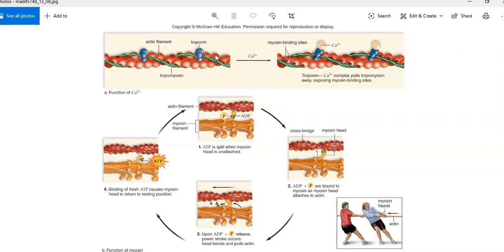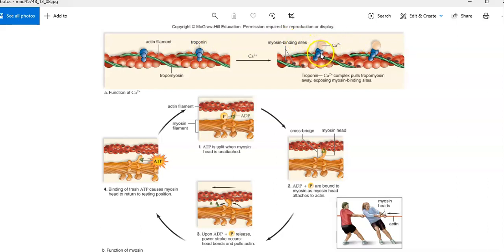The muscle, in response to that, the pouches along the sarcoplasmic reticulum dump calcium into the system. Calcium comes along to the actin molecule, bonds to it, and changes its shape. Okay, so that's step number 2.